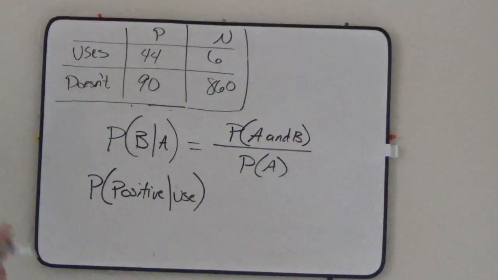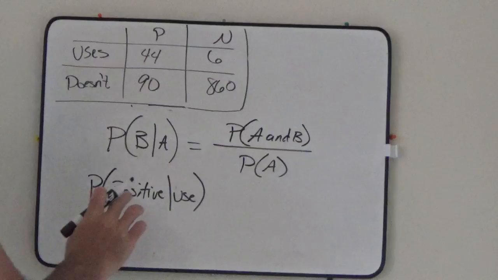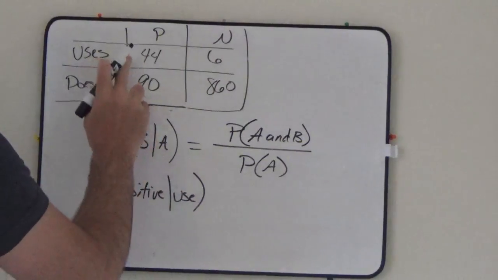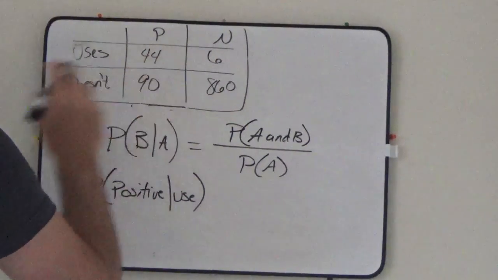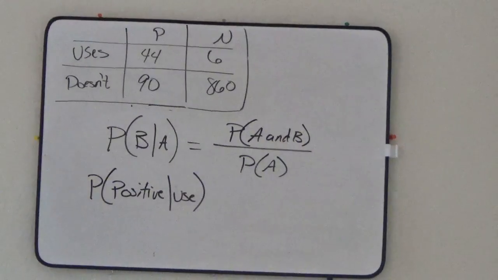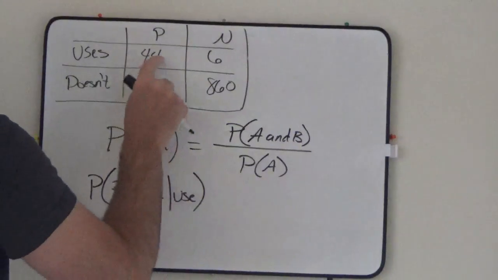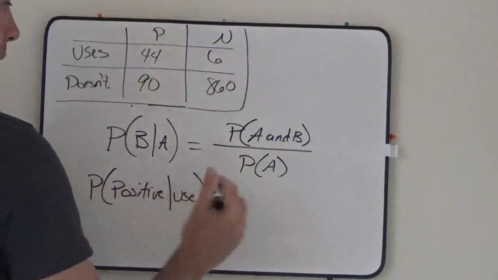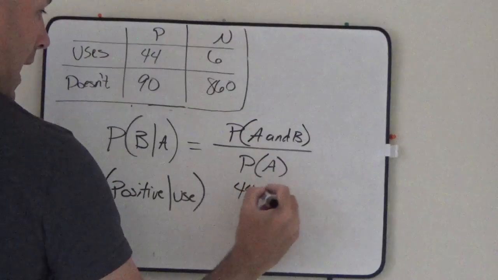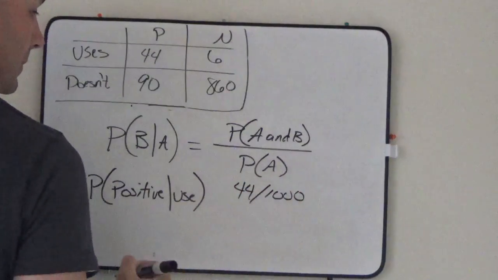So let's go ahead and figure this out first. The probability of both of these, positive and uses, would be 44 out of 1,000, right? So that's the probability of A and B, that they have to be positive and use. Positive and use is 44 out of 1,000.